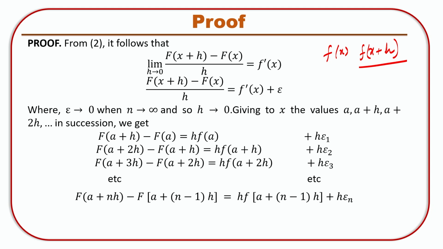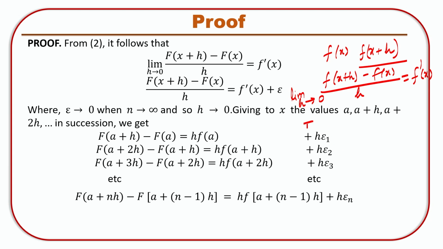That means f(x plus h) minus f(x), divided by h. Now, if h goes to 0, this will give me exactly the derivative of the function f(x) at the point x.